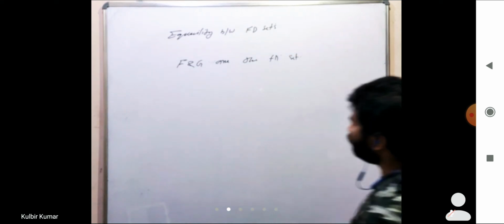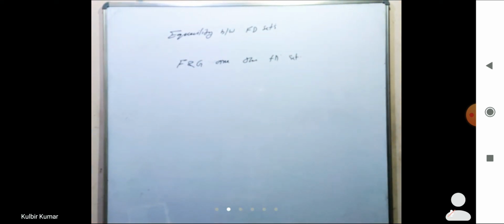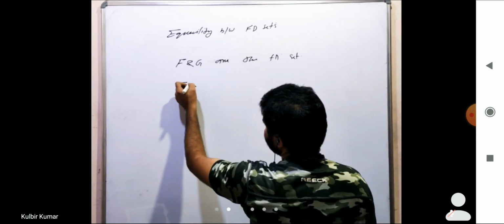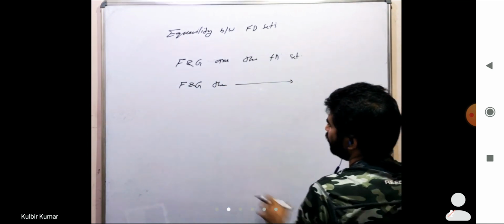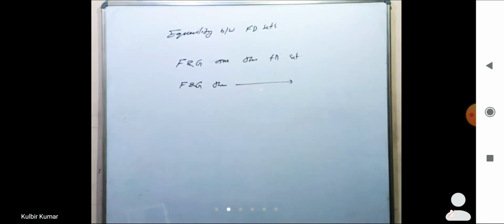ठीक है, F और G क्या होगा? F and G, they both are functional dependency sets, and they are logically implying each other if and only if, or we can say they are logically equal.